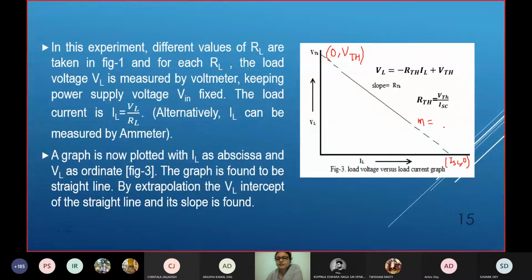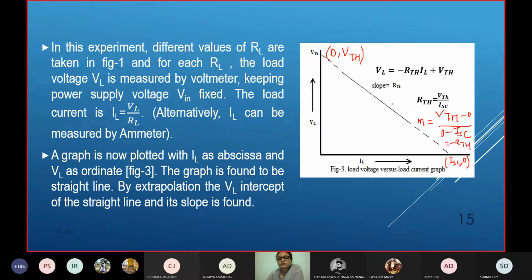M is V Thevenin minus 0 by 0 minus ISC. So what is it coming? Minus R Thevenin. Yes, ma'am.